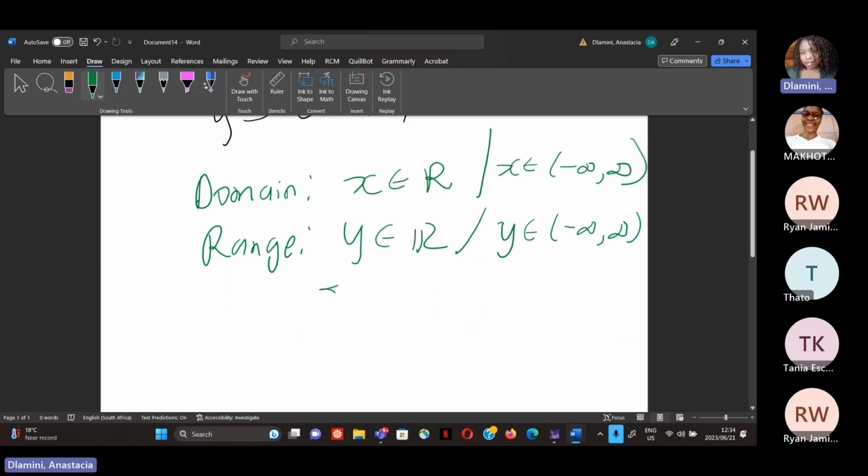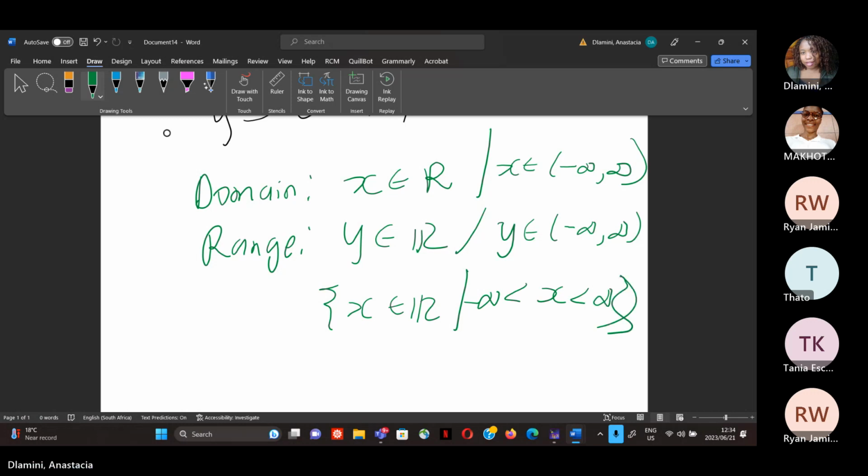Know all those notations, all the set notation, such as element of real numbers, such that x is this. I want you to know all these notations. It is very important, because I might bring this notation and if you don't understand it, you might not be able to choose the correct answer.